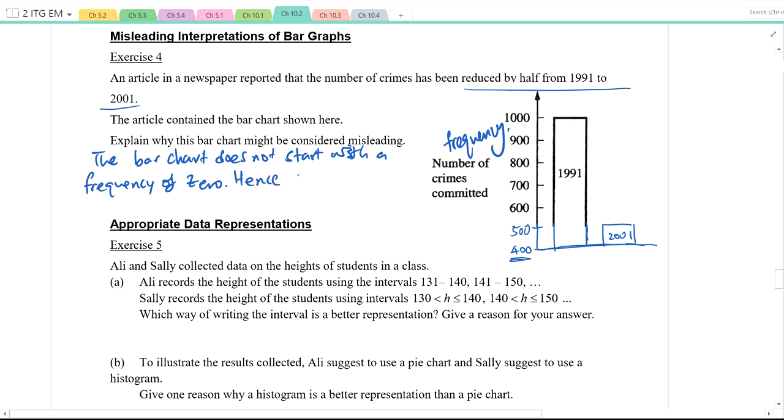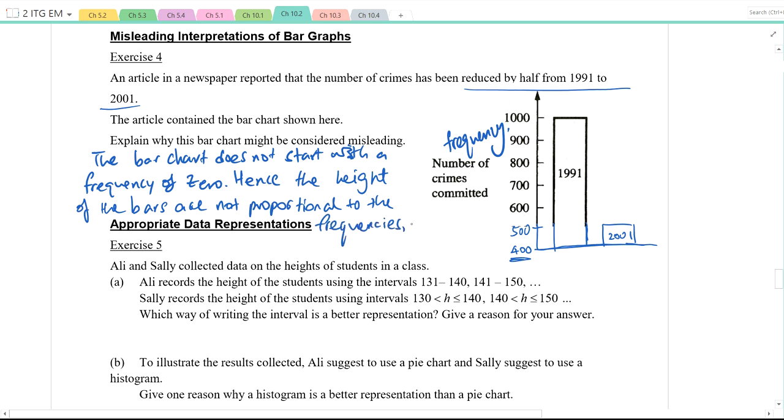Hence, the height of the bars are not proportional to the frequencies, which can be misleading.